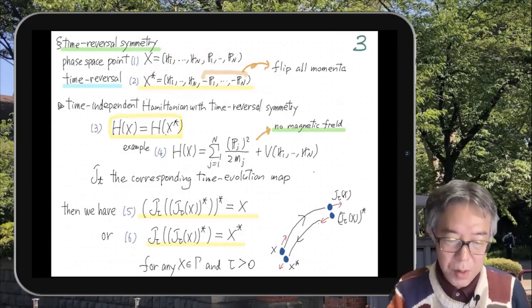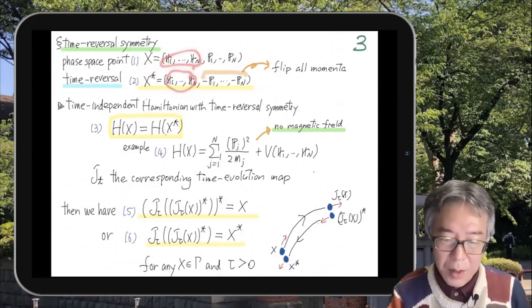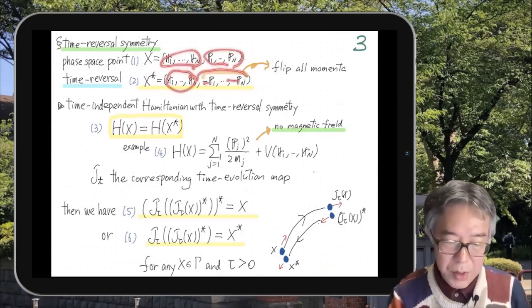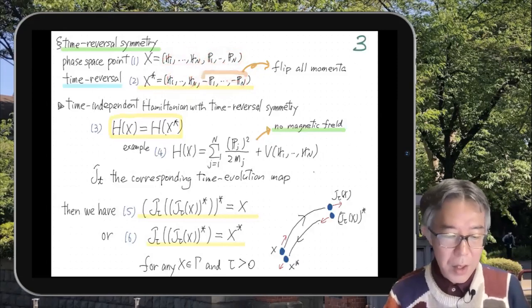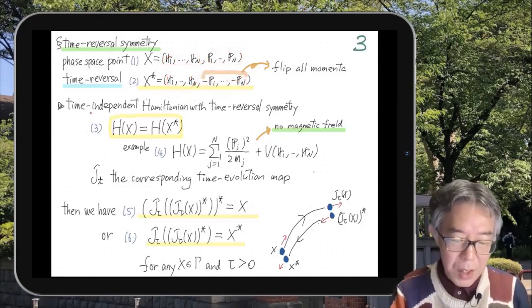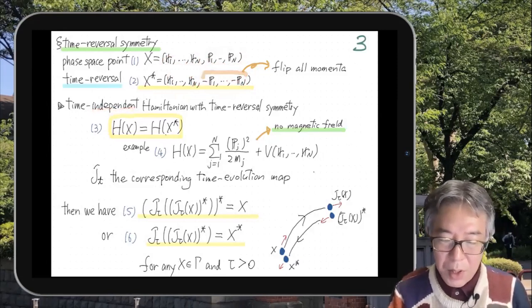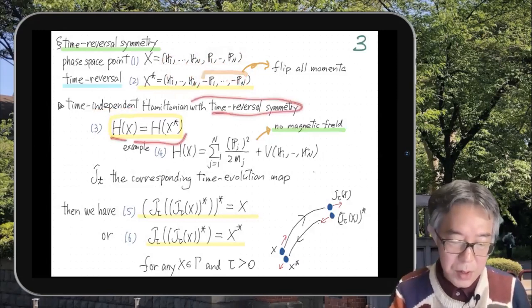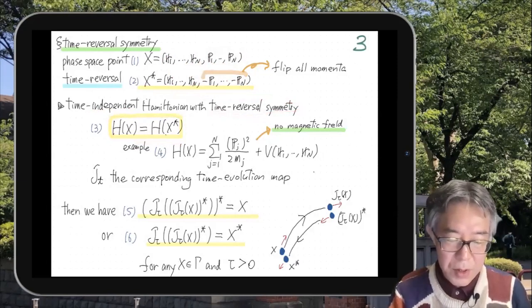Okay, so the positions are the same, and as for momenta, we just put a minus sign in front. Okay, then we consider any time-independent Hamiltonian, which doesn't depend on t, and with time reversal symmetry in this sense. So this says that the Hamiltonian does not change if you flip all the momenta.